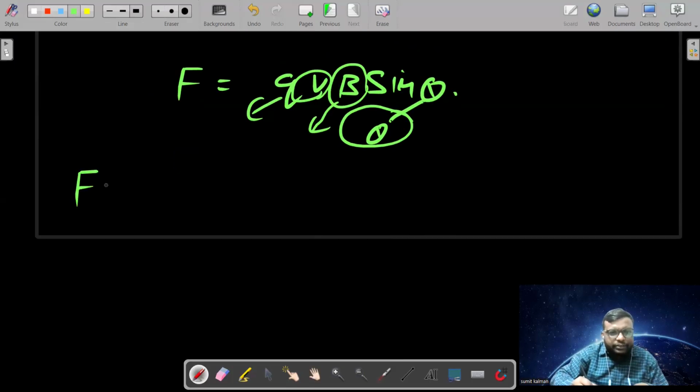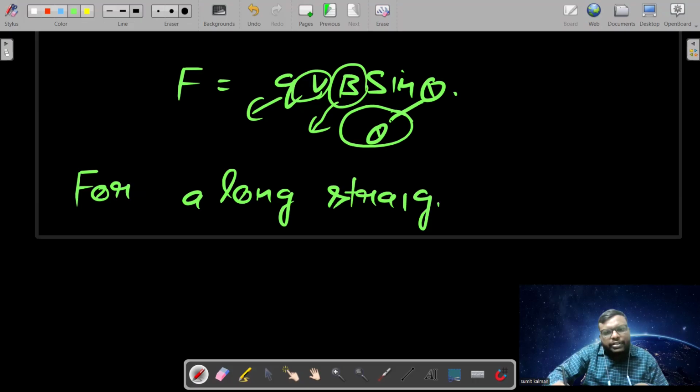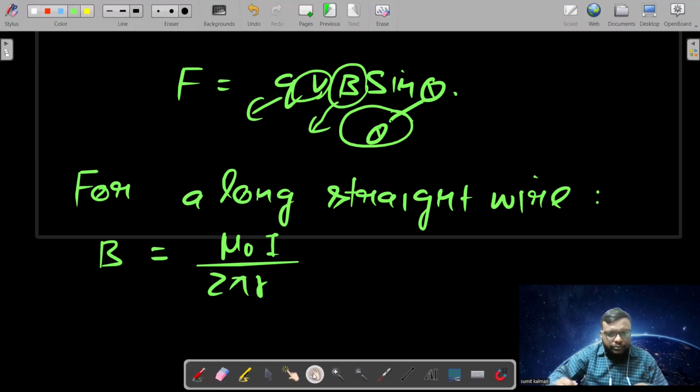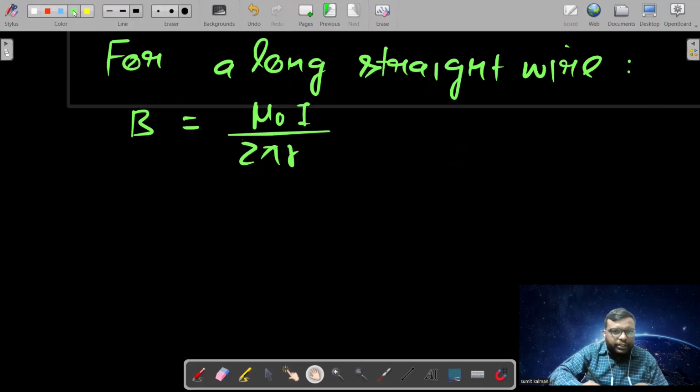For a long straight wire, the magnetic field at a distance r is given by mu naught I upon 2 pi r, where the value of mu naught is 4 pi into 10 to the power minus 7.